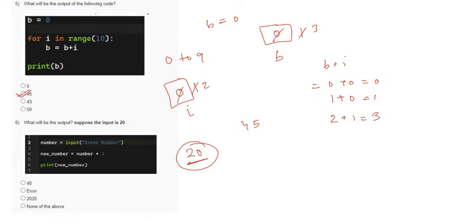If we want to convert it into an integer value, then we have to write int, first bracket, input, and enter number. So for this string 20 times 2, 2020 will be printed. So 2020 is the answer.